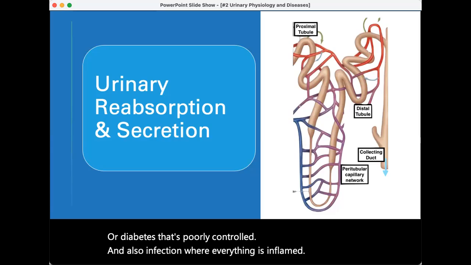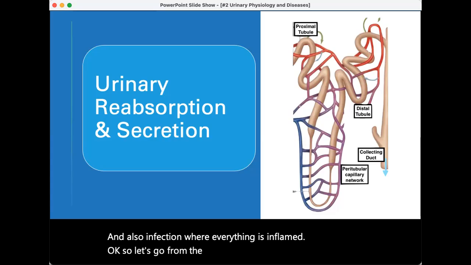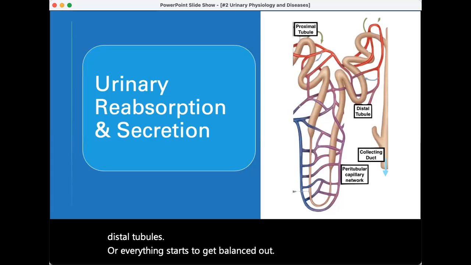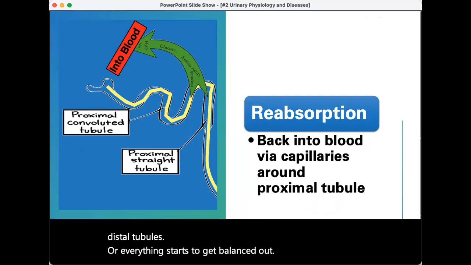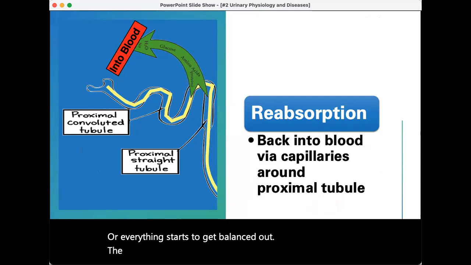Okay, so let's go from the glomerulus to these proximal and distal tubules, where everything starts to get balanced out. The first part is that proximal convoluted tubule. Notice it's the most dilute part, and this is the part where things start being taken back.